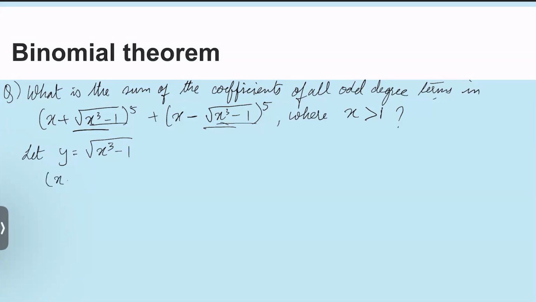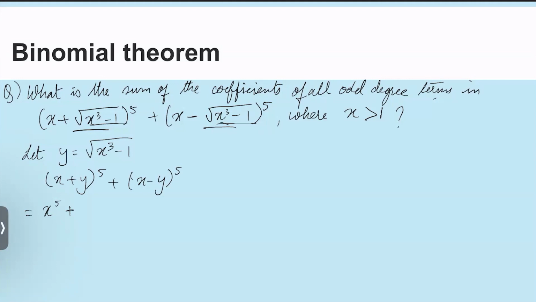Then you will have x plus y raised to 5 plus x minus y the whole raised to 5. Now we will do the binomial expansion of this. The first one will have x raised to 5, because 5C0 is 1, so we'll keep that out, and y does not have any power.